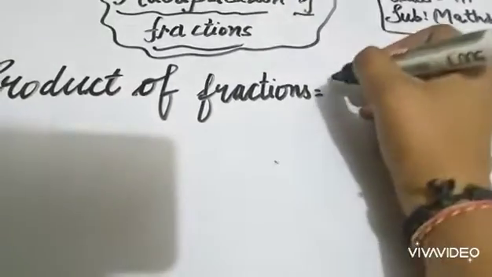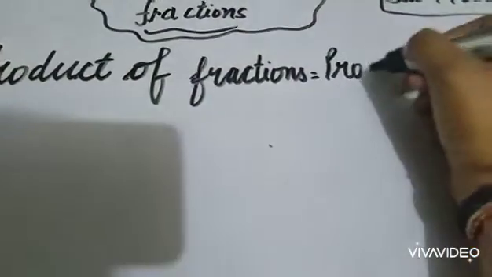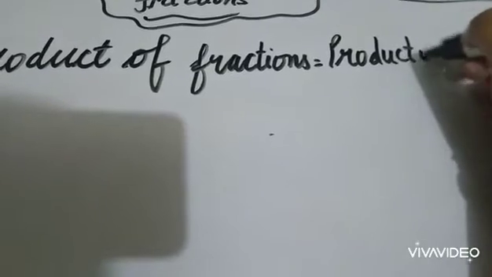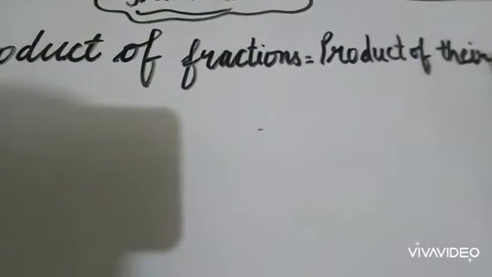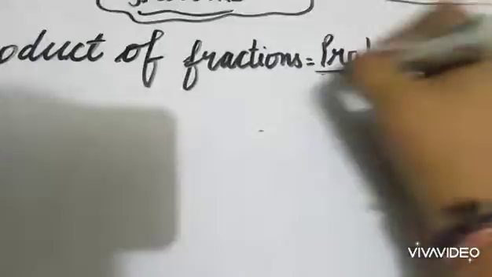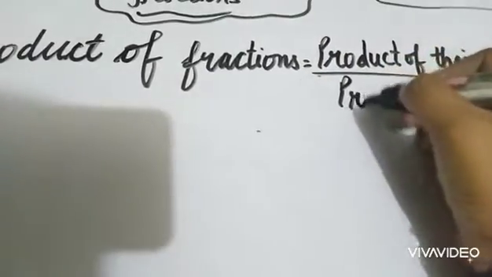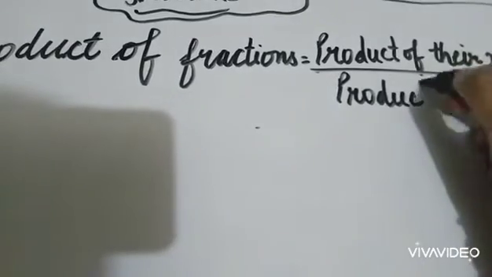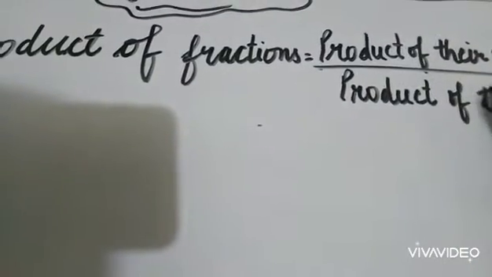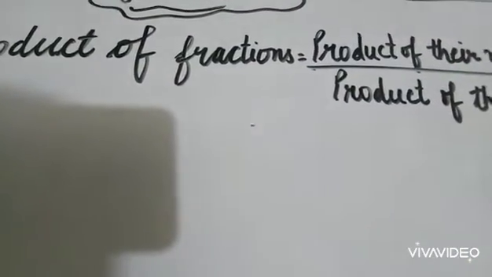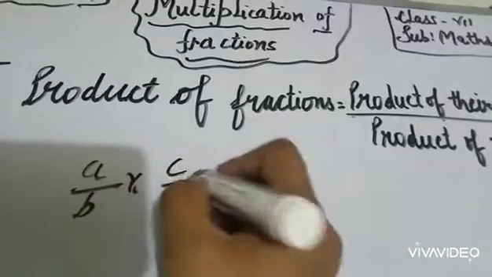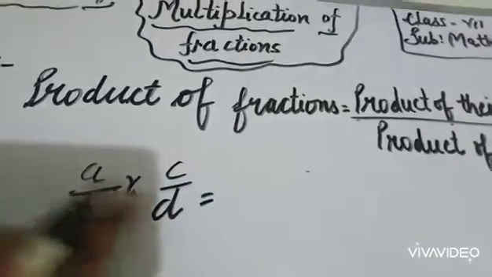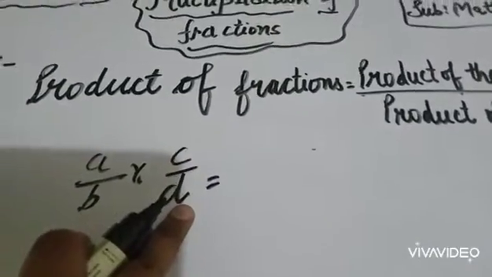So the product of fractions equals the product of their numerators divided by the product of their denominators. If a by b multiplied by c by d, these two are the fractions we have been given here.